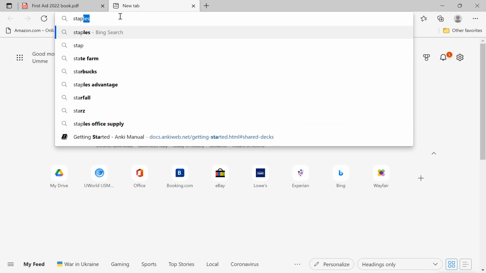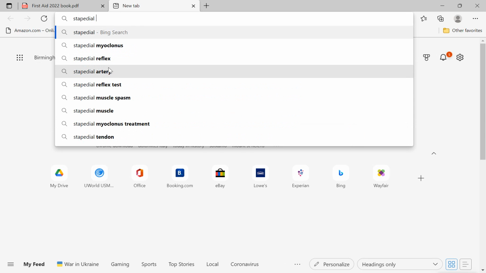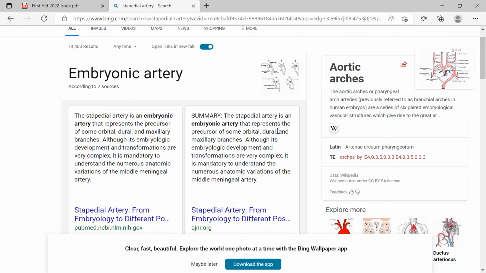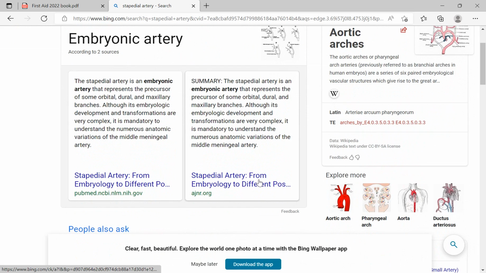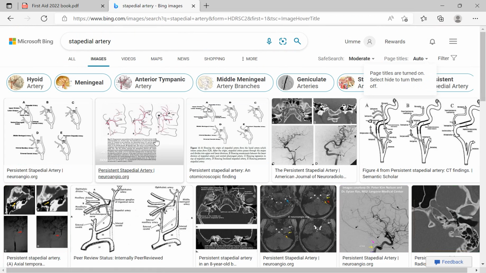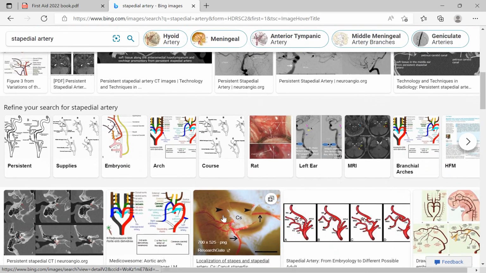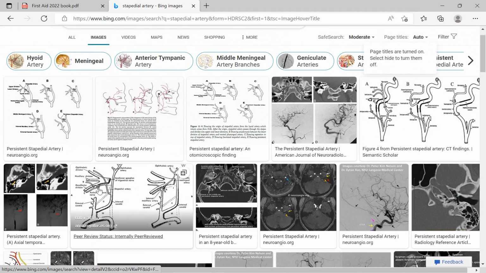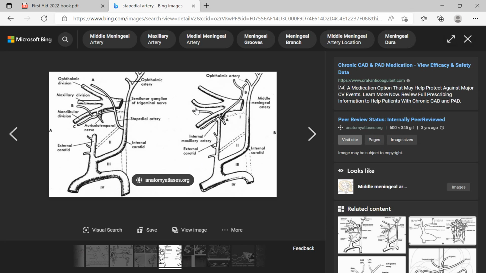I don't know what the stapedial artery is, so let's see. This is your external carotid artery, this is the maxillary division, and this is the internal carotid artery.